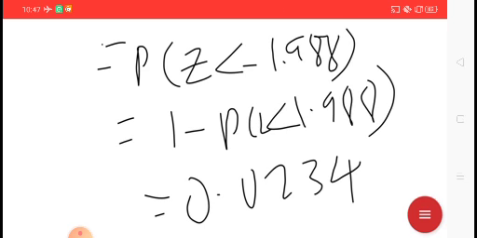Okay, so this is the probability of type 1 error. Question 2. If the mean withdrawal time under the new system is actually 1.5 minutes, calculate the probability of type 2 error. Okay, so now we calculate.